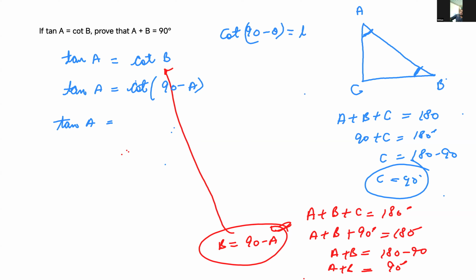We know this formula. So cot 90 minus A is equal to tan A, because theta here is A. Theta and A both are equal. So tan theta is equal to A. So it means that it will become, sorry, did I do something wrong?